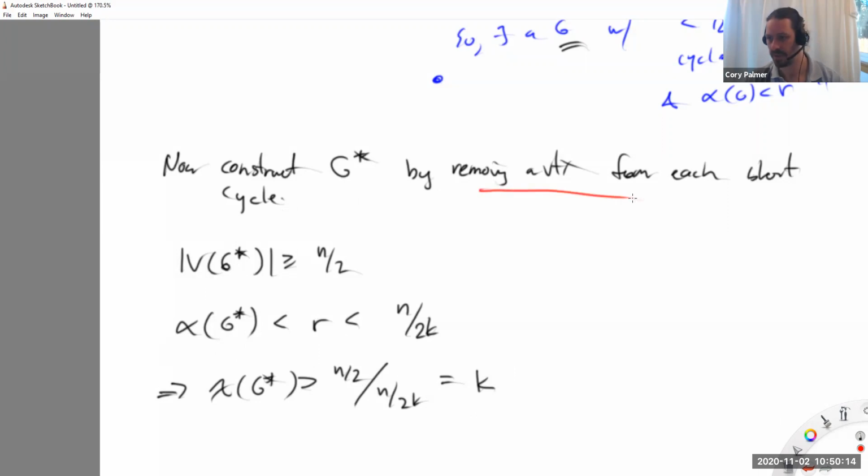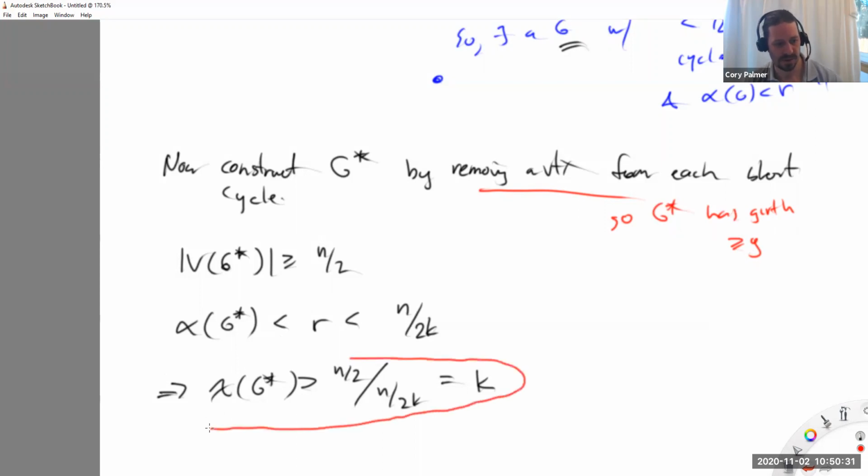We literally removed a vertex from each short cycle. So G star has girth greater than or equal to g. Actually, I think we got strictly greater than g here, but the way we set it up doesn't matter. And its chromatic number is strictly greater than k, which is what we wanted, right? G star has our property.